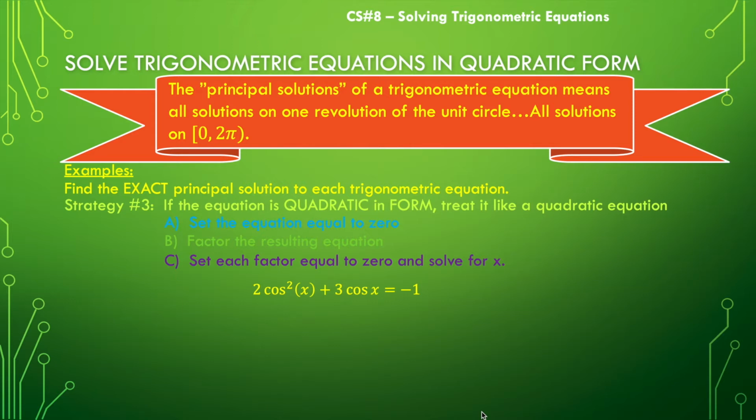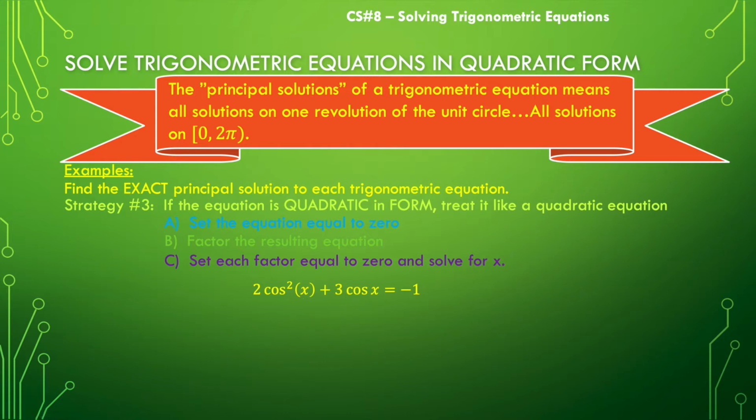We have 2 cosine squared of x plus 3 cosine of x equals -1. Now we know this is quadratic in form because of two things. One, you have only one trig function within the equation. So all I see are cosines. I don't see sine, tangent, anything besides that, okay?